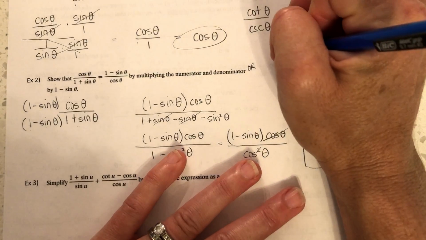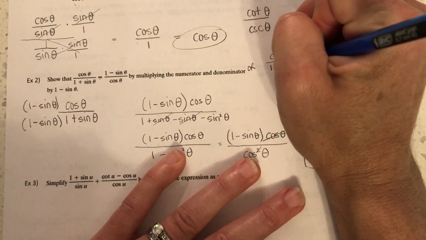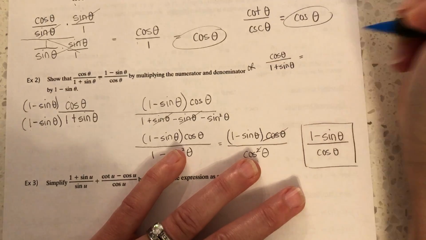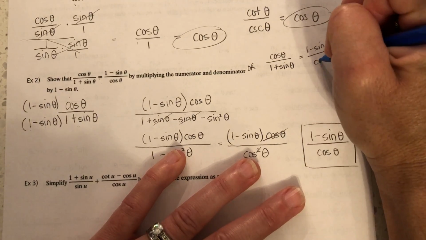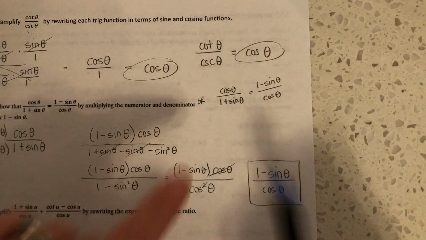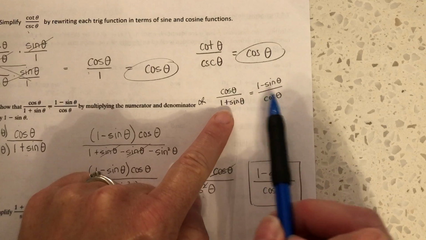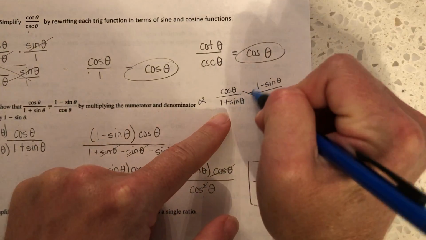If you take the exact same problem, right? Cosine theta over 1 plus sine theta equals 1 minus sine theta over cosine theta. Okay, now watch this. Our book doesn't always talk about this, but this is a proportion, when one fraction equals another fraction. So if I was to cross multiply, I would get this.